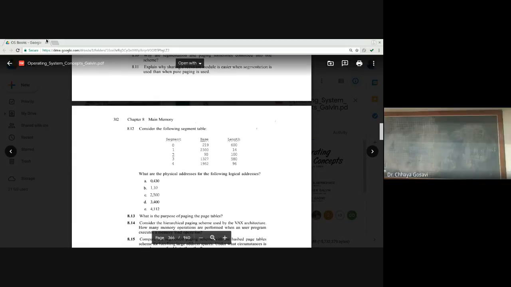Memory is allocated starting from base. Suppose base is 100, length is 50. So from 100 to 150, that particular size is allocated to process or segment S1.